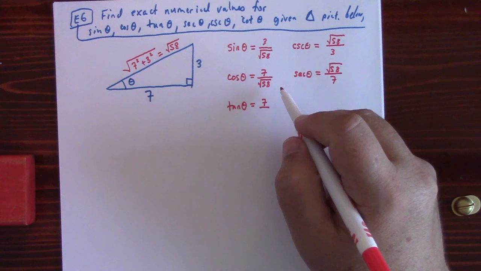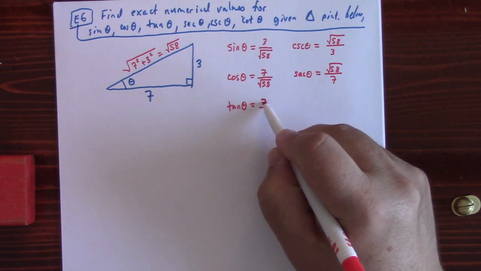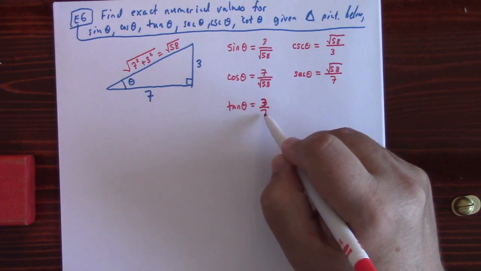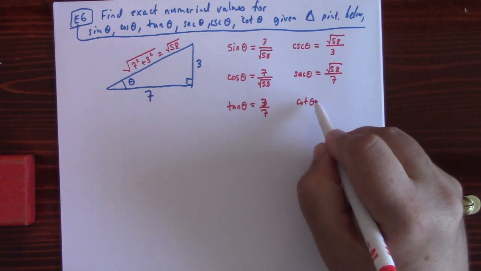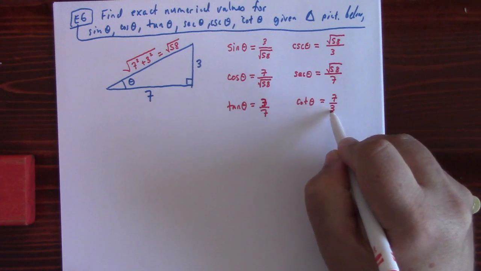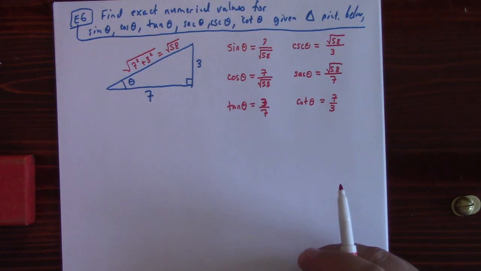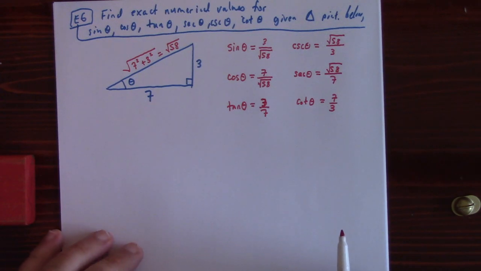Trying to make sure I didn't do it wrong before. Yeah, it's supposed to be 3 over 7. So cotangent is 7 over 3. There you go. That's how you do it. It's not too bad, right?